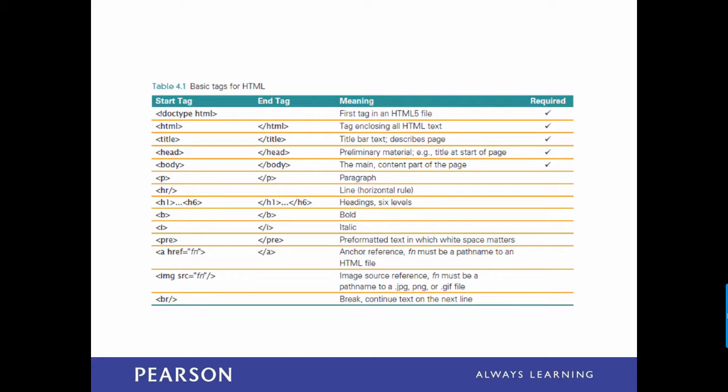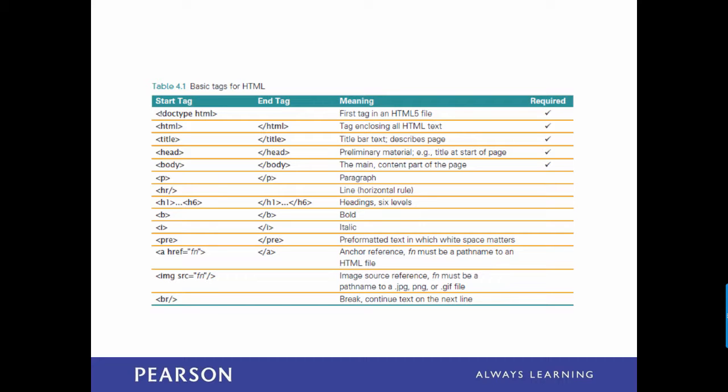Here's a table from the textbook that lists a whole bunch of HTML tags: the doctype, the HTML tag, the title tag, the head tag, the body tag, paragraph, horizontal rule, H1 through H6 tags, the bold tag, the italic tag, the pre tag, the anchor tag, which we have not covered yet, the image tag, and the break tag.